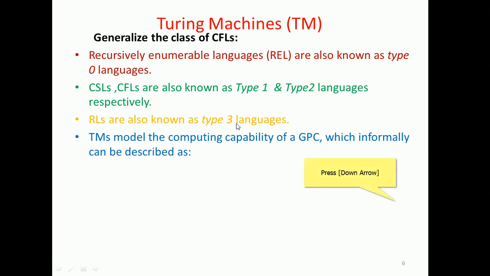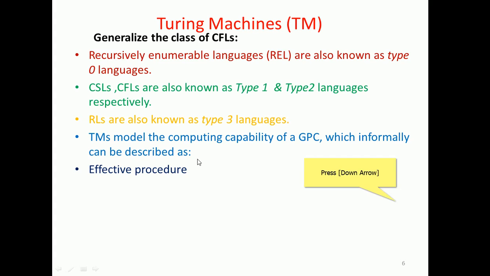So the model has the computing capability of the general purpose computer. That computer has a certain potentiality, and that potentiality is imbibed by this Turing machine model, which informally can be described as an effective procedure. The characteristics that a general purpose computer performs are imbibed by this Turing machine too.